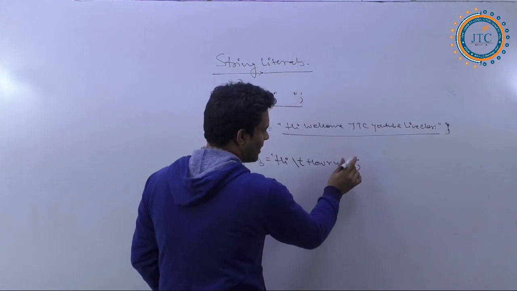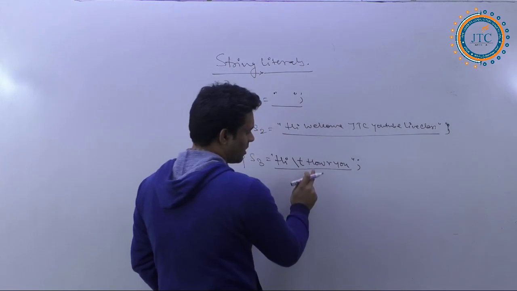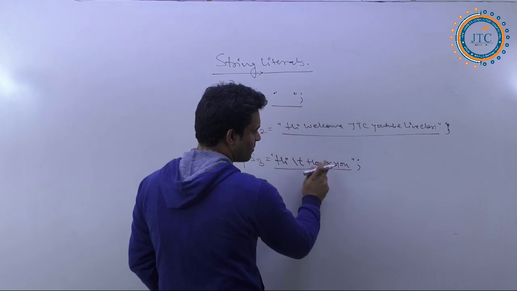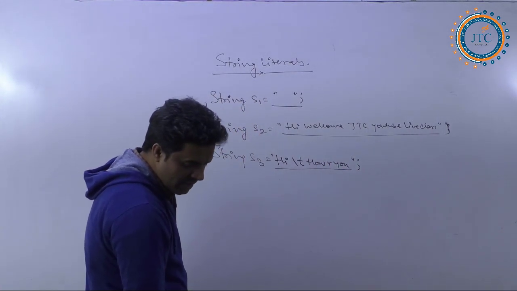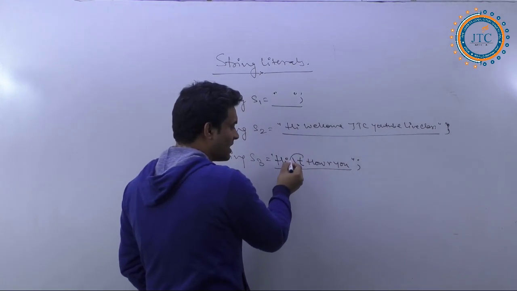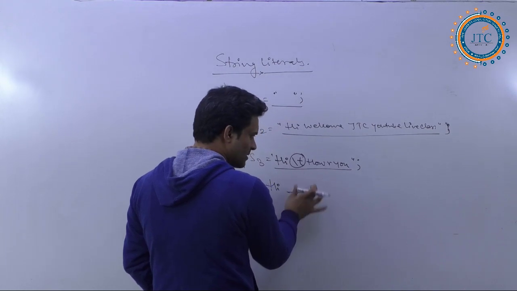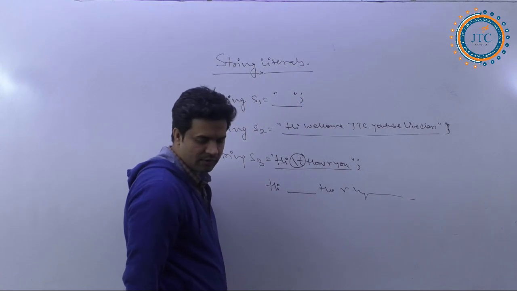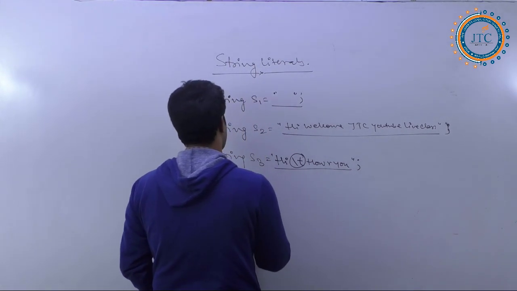If I am writing in this manner, \t will give the tab space. So it will give something like hi, tab space, how are you. It is going to give the value of this one. So this is the string literal in this case.